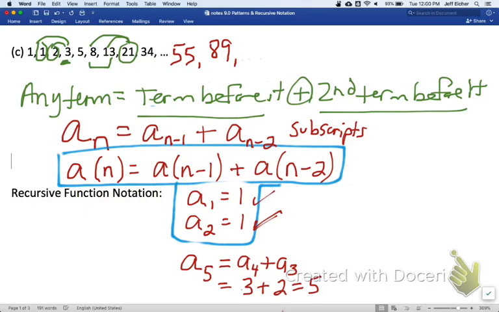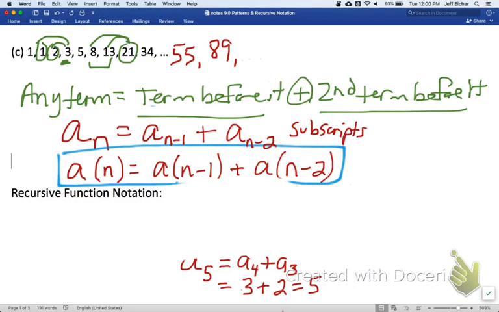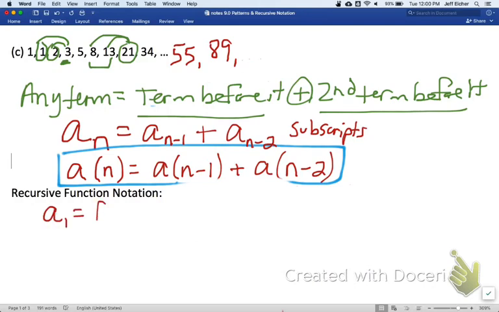So a couple notes about notation to close off this video. Recursive function notation. So a sub 1, that would be your first term. That's typically our starting point. And then a sub n is any nth term that you'd like to look for.